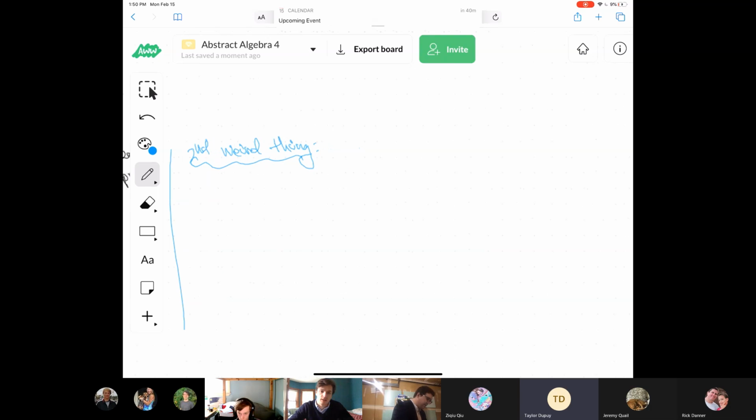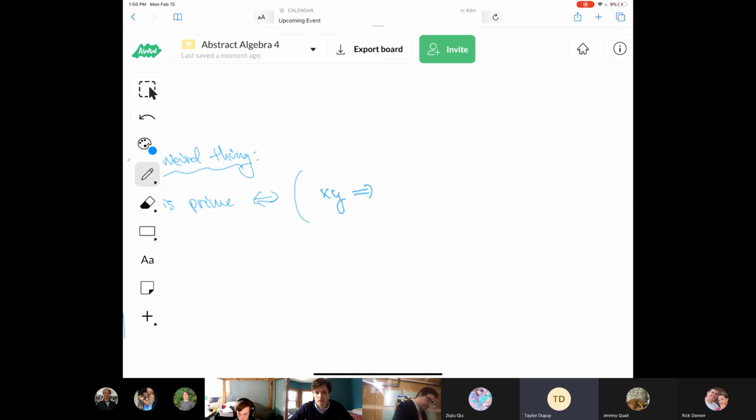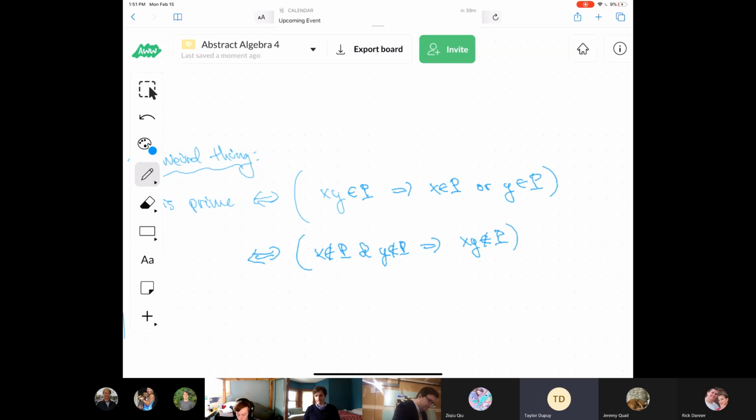So the condition that P is prime is if and only if xy is an element of P implies x is an element of P or y is an element of P. And this is equivalent to the contrapositive: x is not an element of P and y is not an element of P implies xy is not an element of P. So I'm going to use this statement.